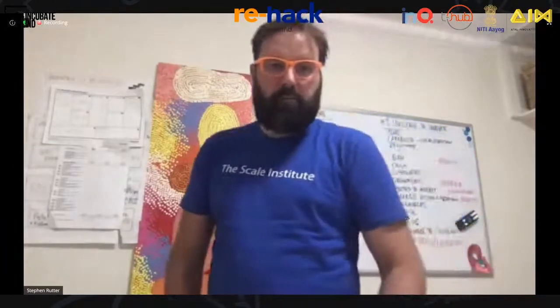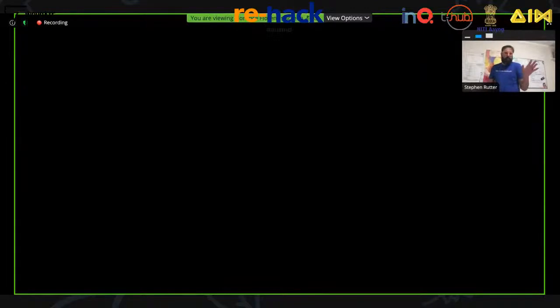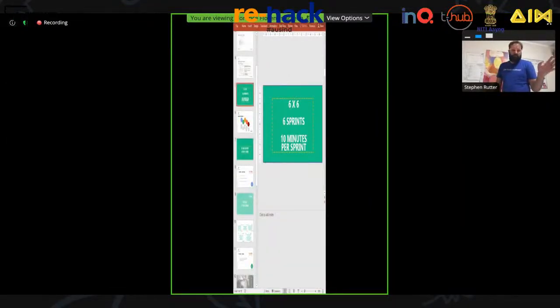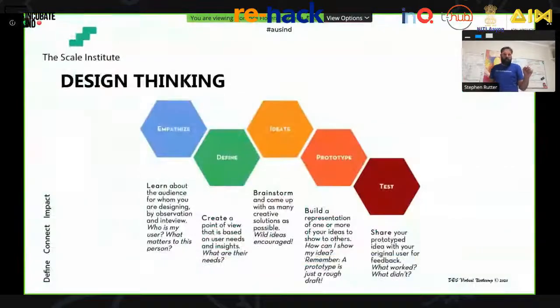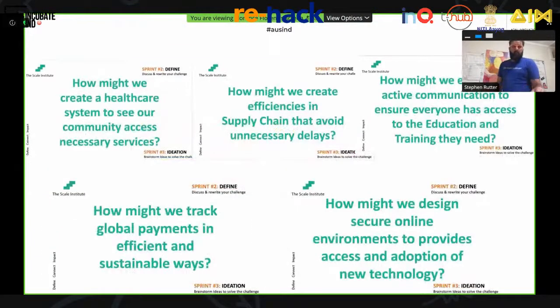Slide 10. And what you're going to do now is, hopefully you already know what challenge you're trying to solve. So if you're going to solve something in the healthcare or the medtech system, go to the far left. In the top middle, if you're looking for supply chain, pick that one. On the right, if you're looking for education or training or communication, look at that one.